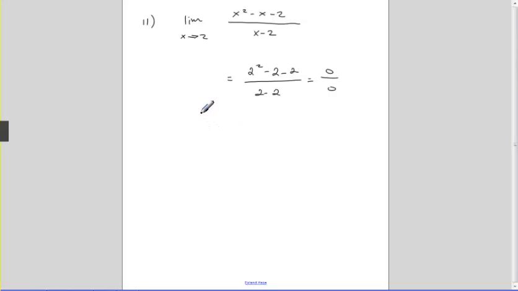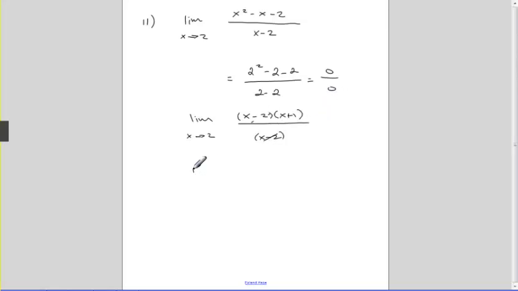They're asking you to use L'Hopital's rule, but let's first do what we learned in Chapter 1, which was to see if you can factor the polynomial part. So you would have x minus 2 times x plus 1 divided by x minus 2. Because those are the same, they cancel out as being just 1.